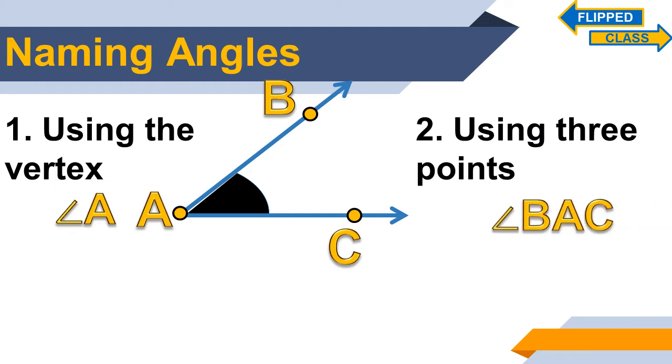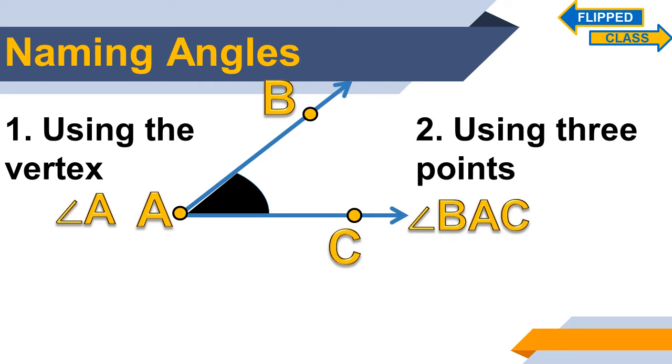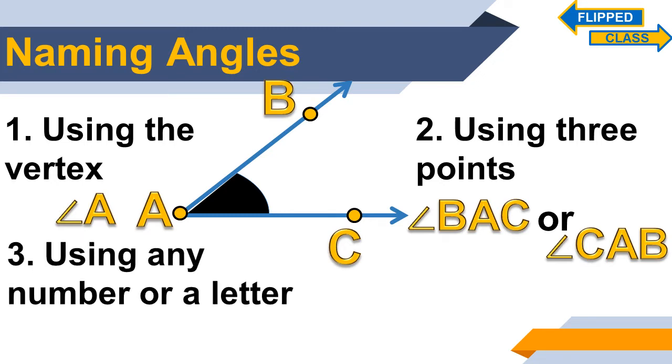This angle can also be named as angle BAC. Notice that when you name this angle using 3 points, the vertex is placed in the middle. Or you could also name this one the other way around, angle CAB. Consider again, A is written in the middle. You can also name this angle using any number or any letter. Let's say 1, and therefore this is angle 1.